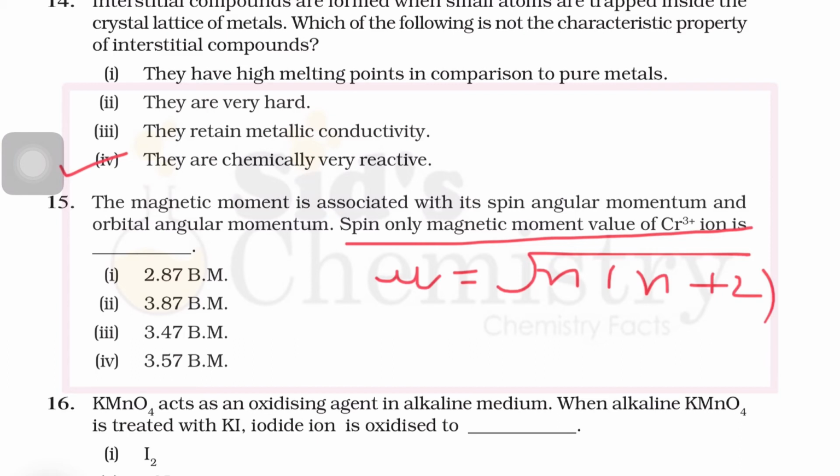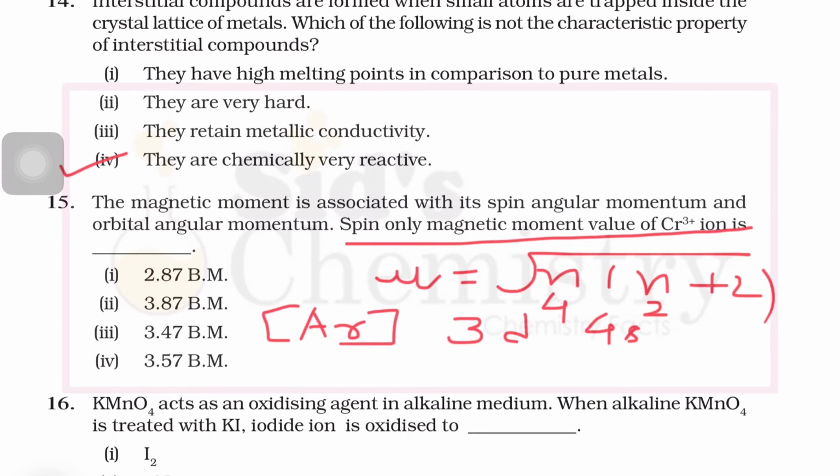Chromium is the 24th element, and therefore we have to fill 24 electrons in its configuration. When we fill argon, 18 electrons are filled. Initially the 4s orbital is filled, and then the d orbital is filled. 18 plus 4s 2 electrons, so 20 electrons, and when we fill electrons in the d, it will come 4 electrons.